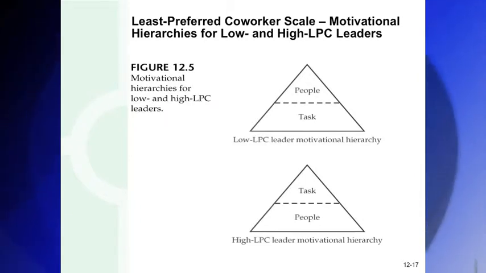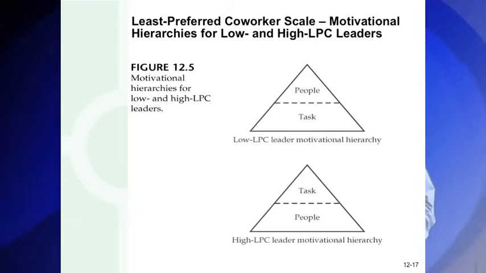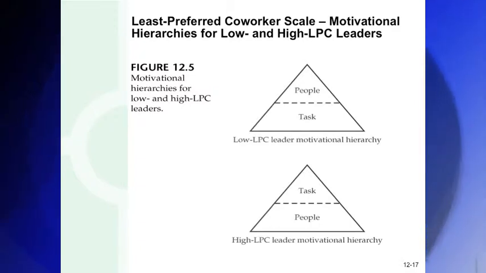It talks about task and people, where a low LPC, least preferred coworker scale, leader has a motivational hierarchy that focuses on task at the top and then people. Where there's a high least preferred coworker scale, those are actually reversed.